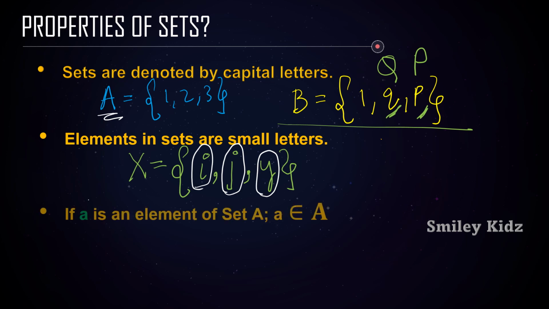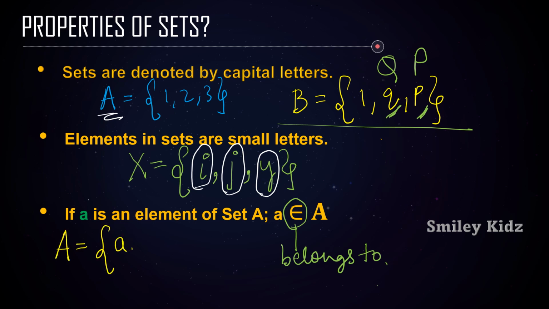Alright. Moving forward. If a is an element of set A, then a, what is the symbol over here? It is read as belongs to. If a is an element of set A, a belongs to A. Now what does this mean? Let's say I have a set A which has a as its element and few other elements as well.